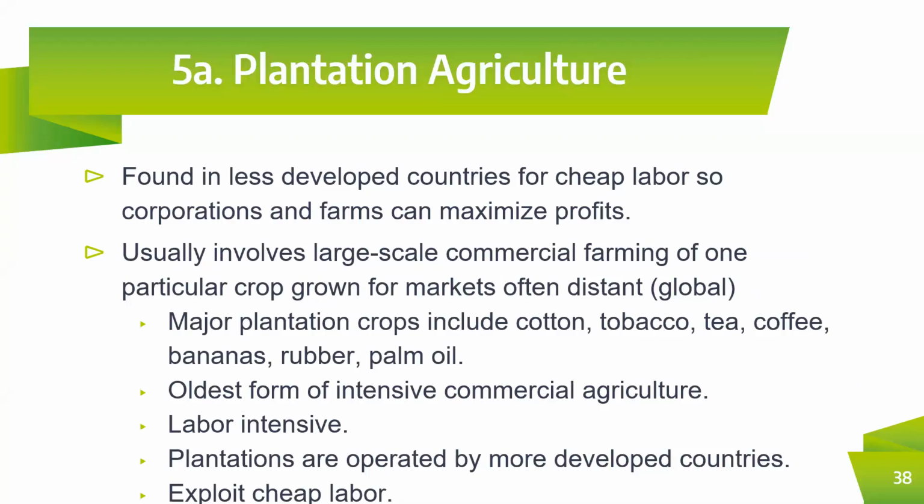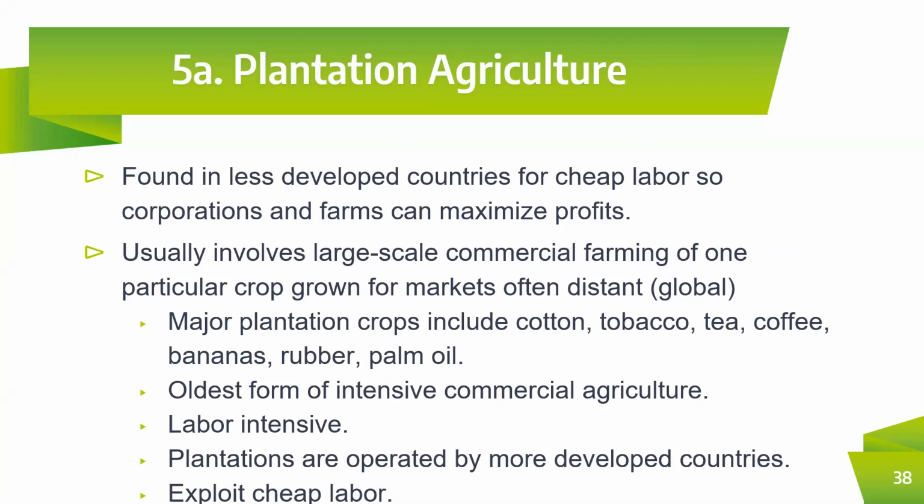But there are certain types of intensive agricultural practices. So, for example, you've got plantation agriculture. This is going to be found in less developed countries for cheap labor, so corporations and farms can maximize profits that way.